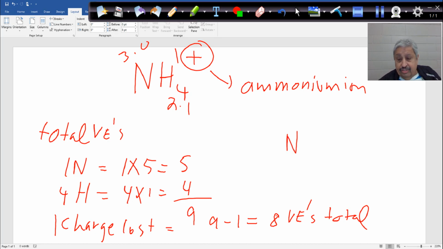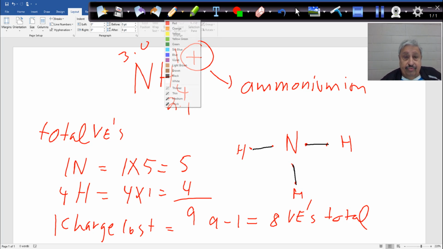So nitrogen has 5, and I have one hydrogen here, one here, one here, so I'm connecting those together. 1, 1, 1. Correct? And I have 4 of them, so let's put the last one here.